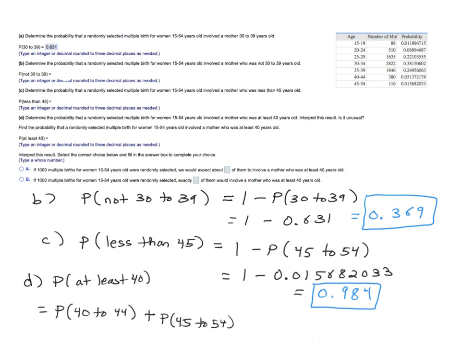So what's happening here is, since I want the probabilities from these two categories, I can simply add these two values together. I'm going to run out of room, so I'm just going to do this in my calculator. I'm going to add up these two probabilities, 0.051372178 and 0.015682033, and I'm going to round to 3 decimal places.